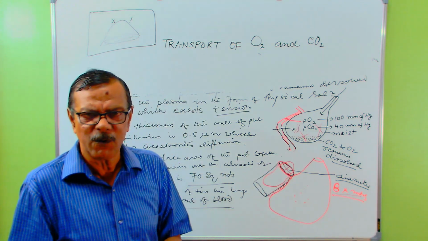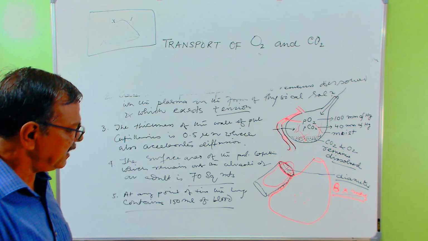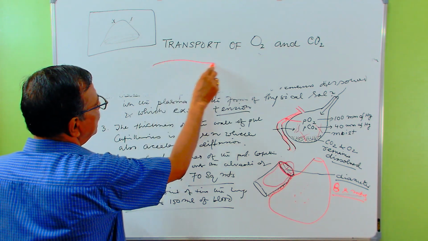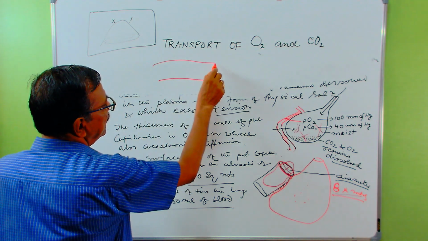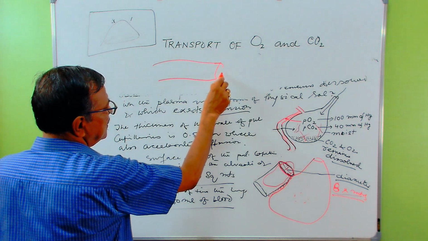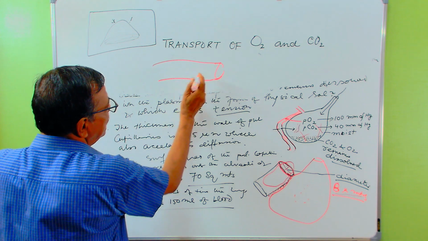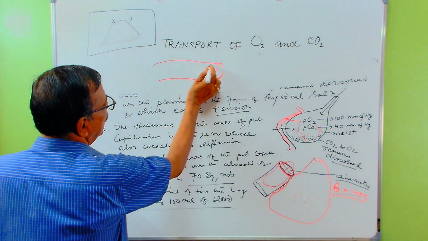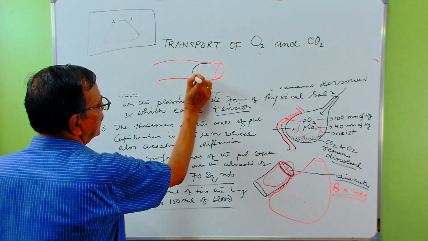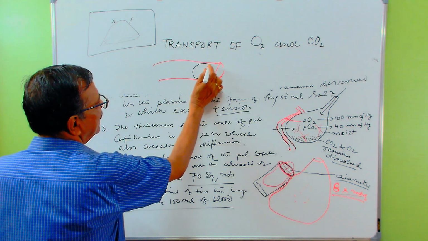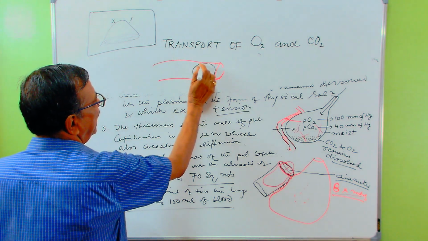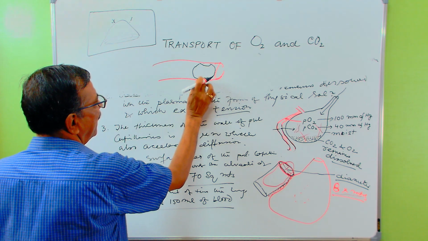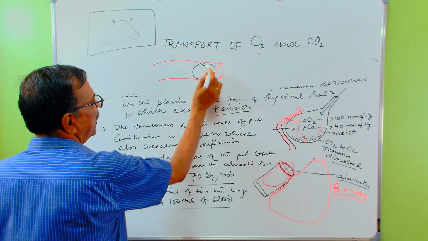Why is it so? Why are we writing this? Suppose this is the wall, this is the thickness, and the RBC are here. I am making the RBC black, so that only the RBC passes here. The RBC is biconcave in shape, so that it can manipulate its body.